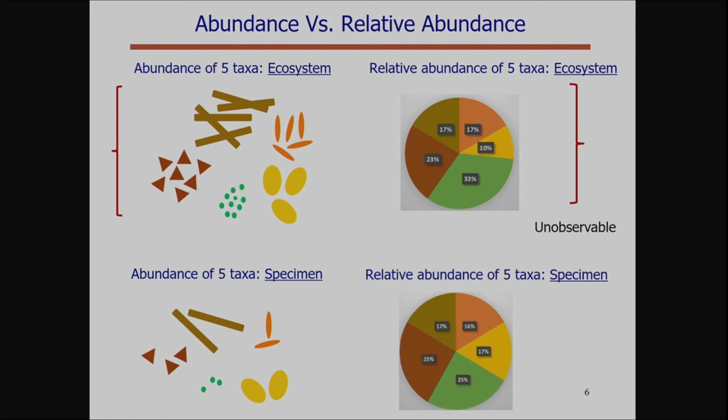And from these observed frequencies, you can construct the relative abundance in the specimen. So what you have is a situation where these are the observables below, and those are the unobservables. The abundance can never be observed. You don't know what it is, and so you cannot think of drawing any inference about the abundances just by looking at the observed abundances in the specimen or even the relative abundance.